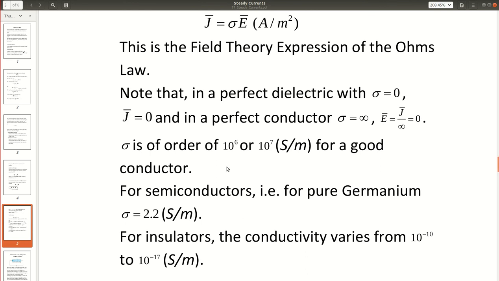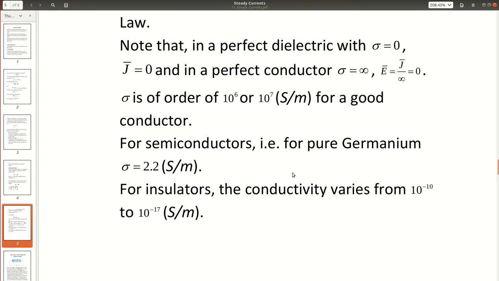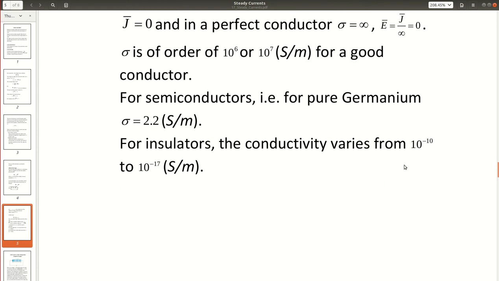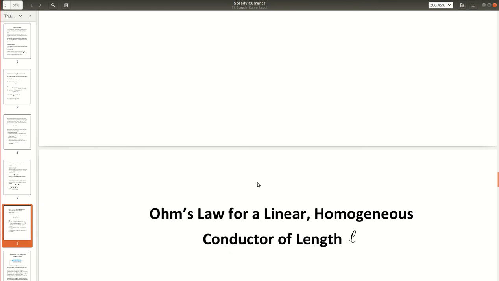However, real materials are in between, having a finite conductivity that differs from material to material. For example, for semiconductors like pure germanium, sigma is equal to 2.2. For an insulator it goes down close to 0, 10 to the power minus 10 or 10 to the power minus 17.